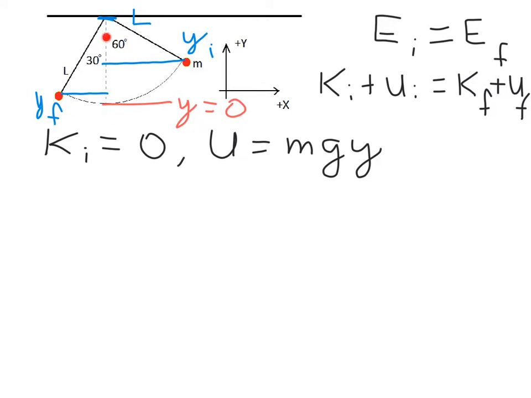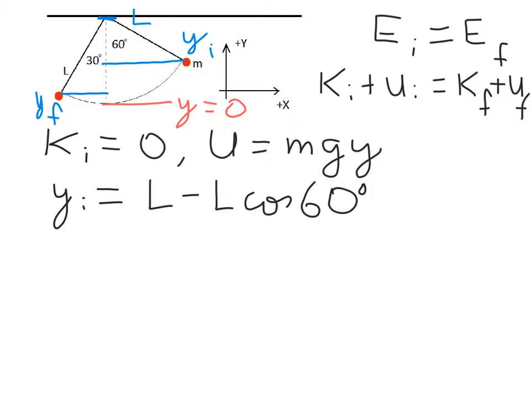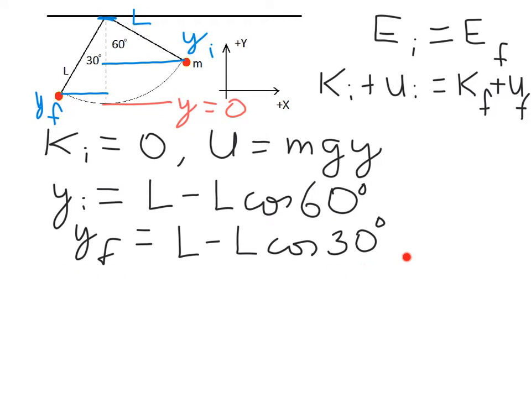And we know that this height is L. Well, using the angles that have been given, we can see that y initial is equal to L minus L cosine 60, because this is L and this is L cosine 60. So L minus L cosine 60 degrees would be y initial. Similarly, y final would be L minus L cosine 30, which would give us this y final.